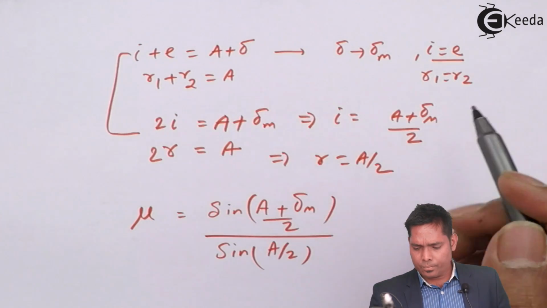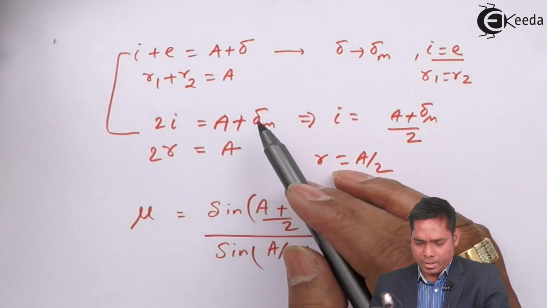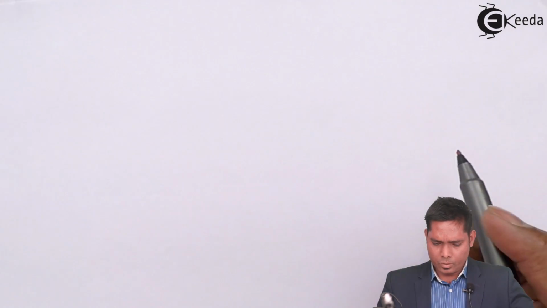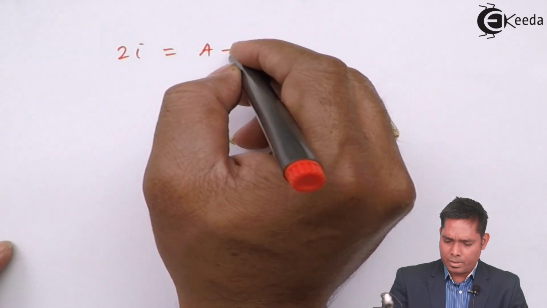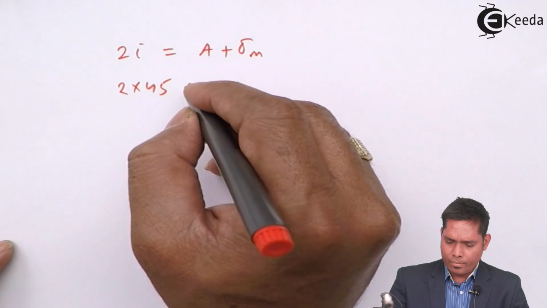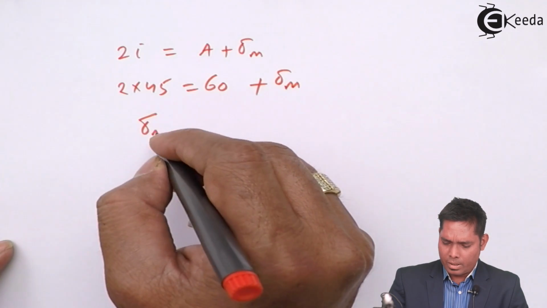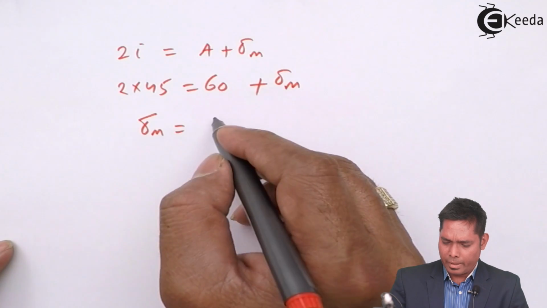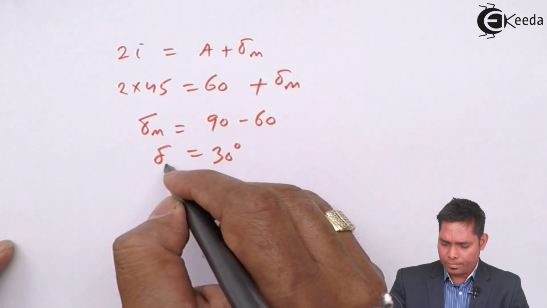Delta m can be found using this relation: 2i is A plus delta m. So 2i is 2 into 45 equals 60 plus delta m. From here delta m is 90 minus 60, which is 30 degrees.